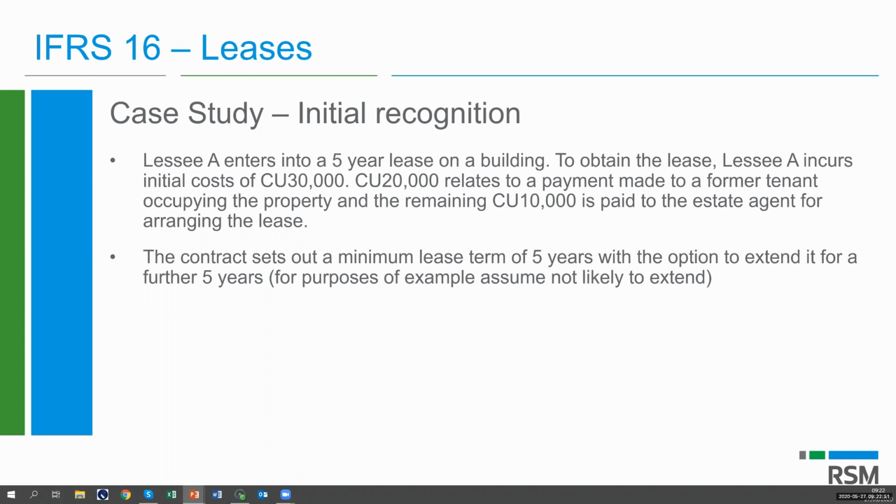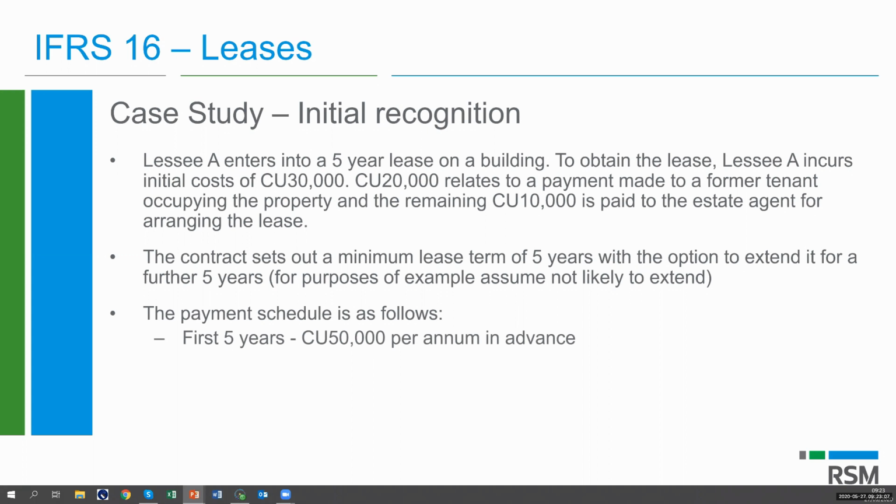The contract is set for a minimum lease term of 5 years with an option to extend for a further 5 years. We're going to assume, just for practical purposes, that they're not likely to extend. The lease payments are as follows: for the first 5 years, 50,000 Rand annually in advance.